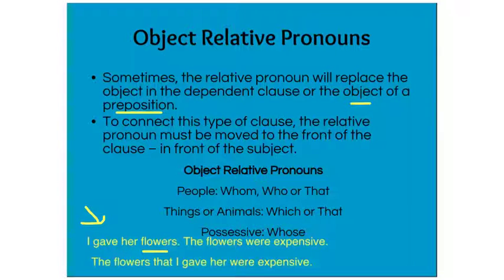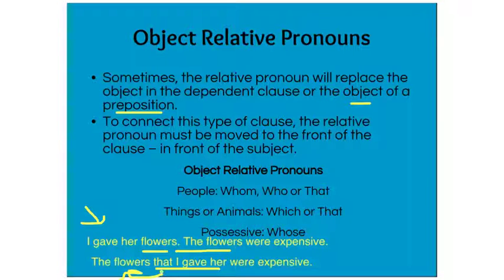The flowers were expensive. If we want to put them together using a dependent adjective clause, it would look like this. The flowers that I gave her were expensive. That I gave her is the adjective clause describing the noun flowers.